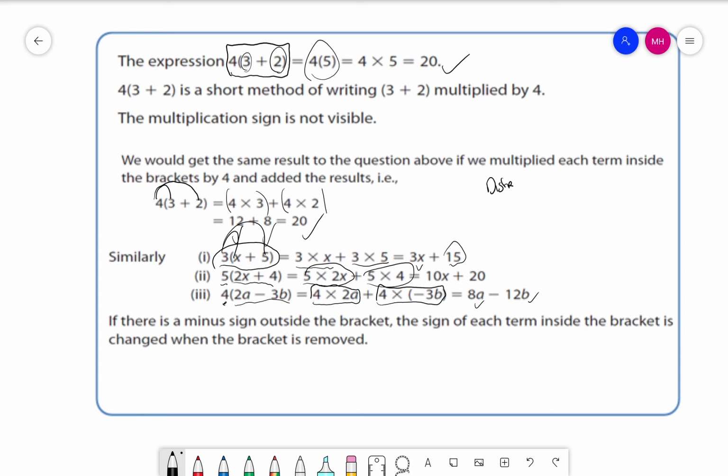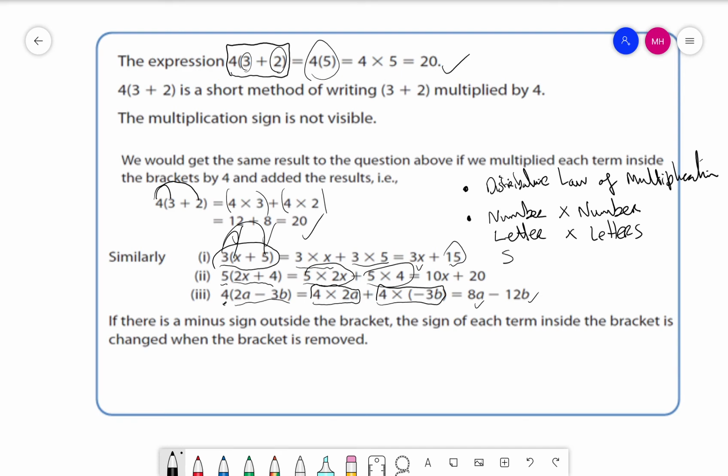Okay, so things to know that you're going to be using here. The first one is called the distributive law of multiplication. Secondly, when we do our multiplication, we have to stick to the rule that we multiply the numbers by the numbers, the letters by the letters, and the signs by the signs.